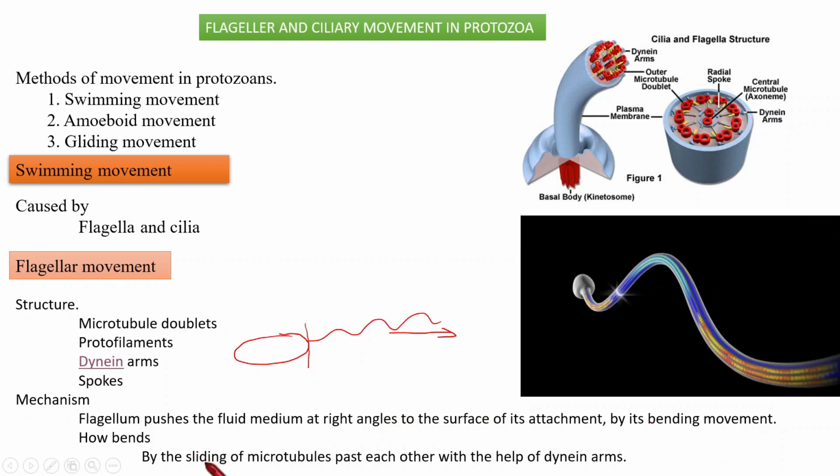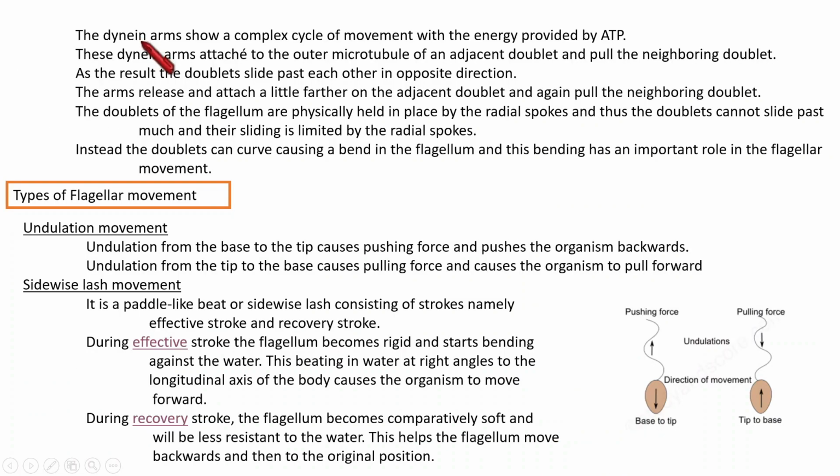Let's see the steps. By the sliding of microtubules past each other with the help of dynein arms, that bending happens. And this dynein arm shows a cycle of its movement again and again to bring about the flagellar movement, using the energy provided by ATP. How that cycle happens and what processes are involved, I have explained to you by this time itself.